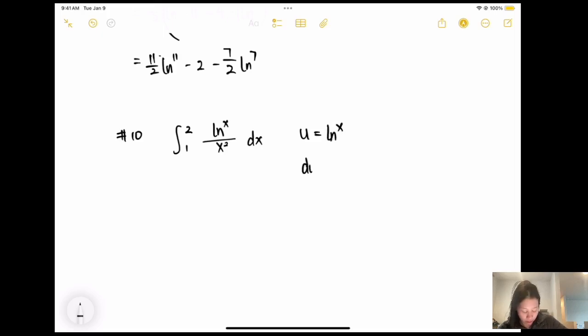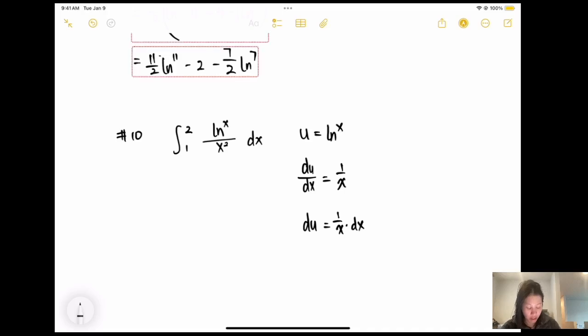So du dx is going to equal 1 over x. Now we solve for du. du equals 1 over x times dx. Next one is dv. So the rest of it is equal to dv, which is 1 over x squared dx.